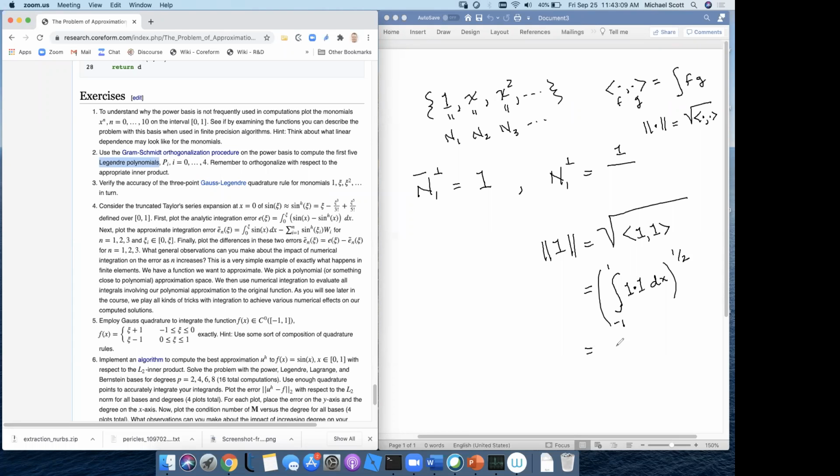So this is just x, evaluated from -1 to 1, square root, which is what? It's 2, so it's root 2. Just root 2. So the norm of the function 1 is root 2. Isn't that interesting? That's kind of cool.